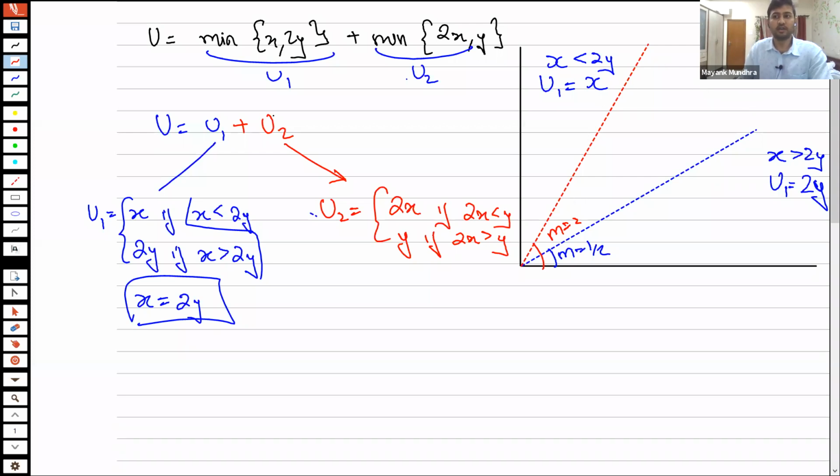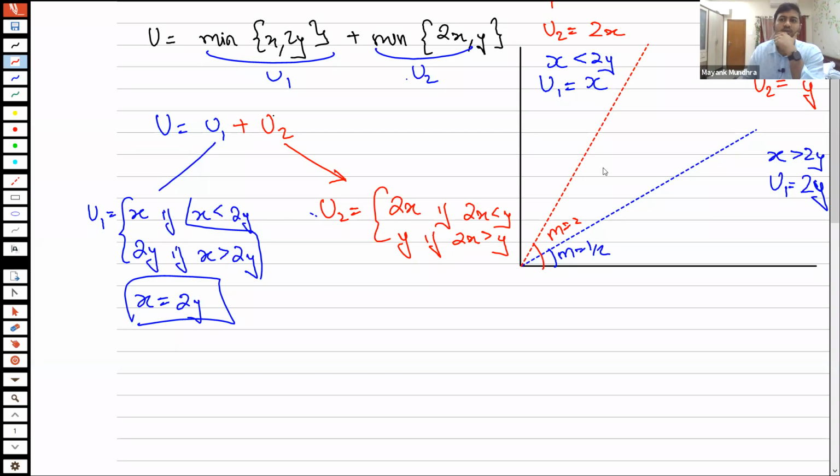All the region to the right of this red line would have 2x greater than y, so utility 2 would be equal to y. Whereas to the left of this line, you would have the opposite, so u2 would be equal to 2x.